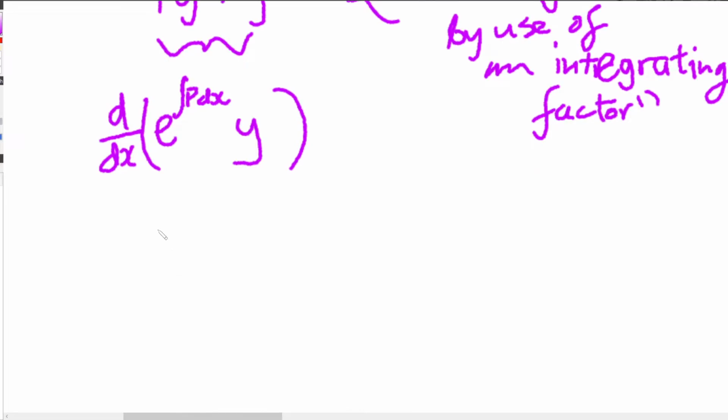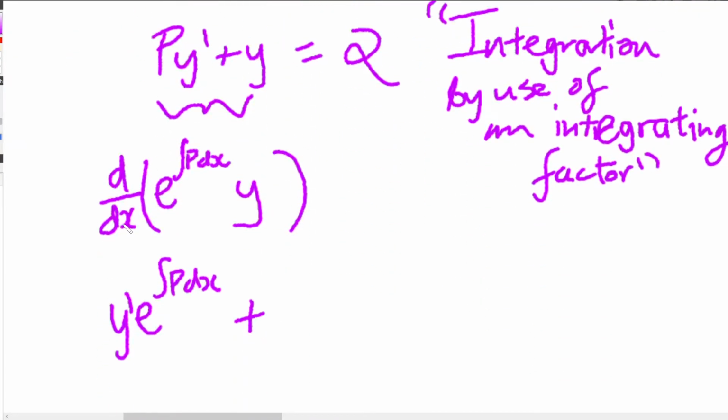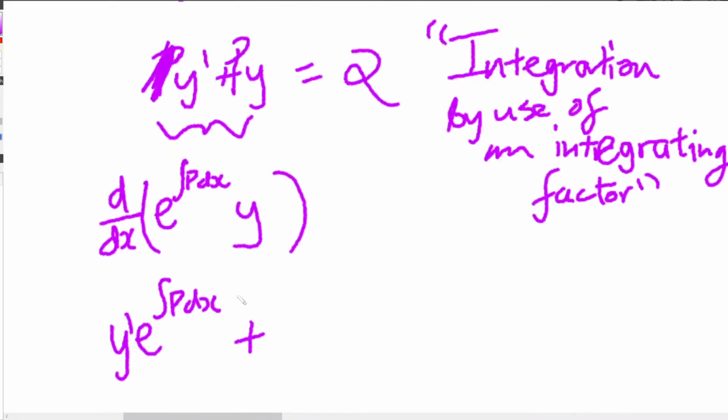Because on the one hand, you'd have y e to the integral of p dx plus, because you're differentiating one of the factors, y prime e to the integral of this. Oh, actually, no, this is already in the form we want. So it's y prime plus py is q. Hang on, I may be confusing myself here. Nah, I think this is the right way.